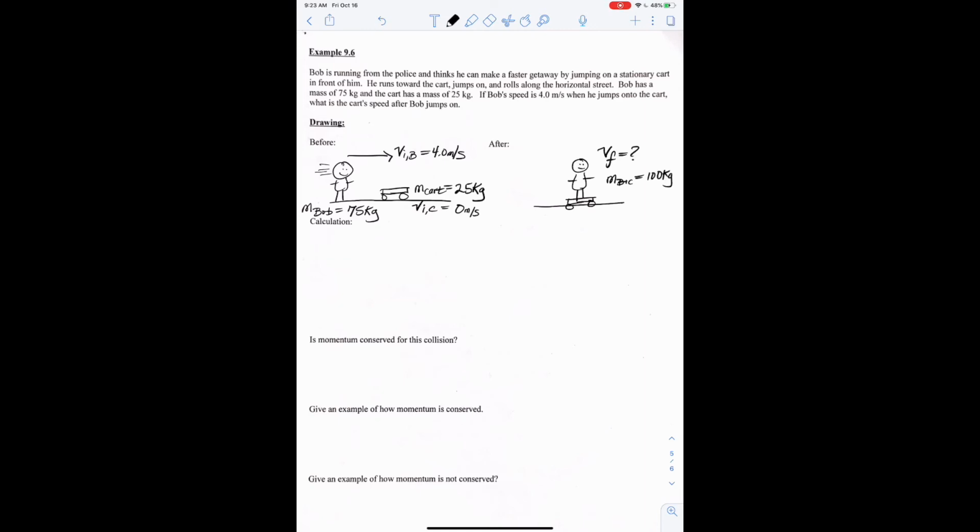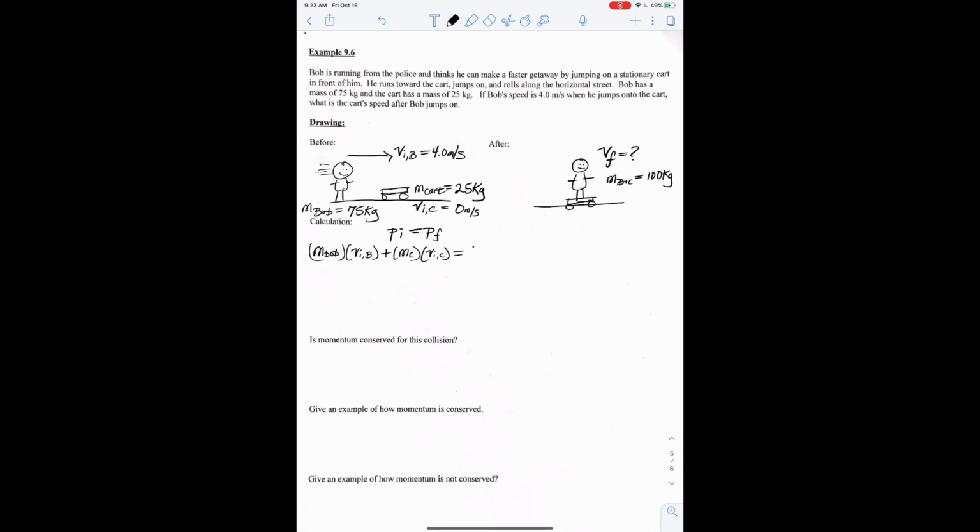Okay, so let's go ahead and do the calculation here. I think we got some space for it this time. Hopefully there's enough space here. PI equals PF. We're saying that the mass of Bob times velocity initial for Bob plus the mass of the cart times the velocity initial for the cart.